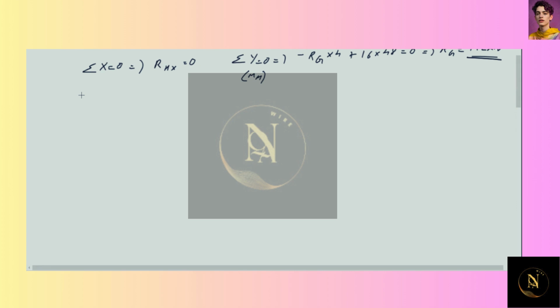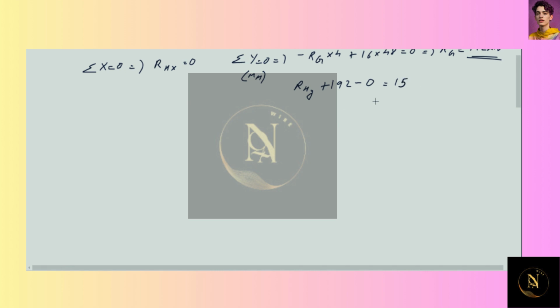Now from along y-axis you get another equation, like summation along y gives us RHY plus the 192, that is RG, minus 0, that is minus RHX, will be equal to 0, will be equal to 50.